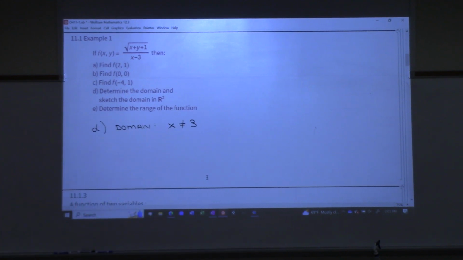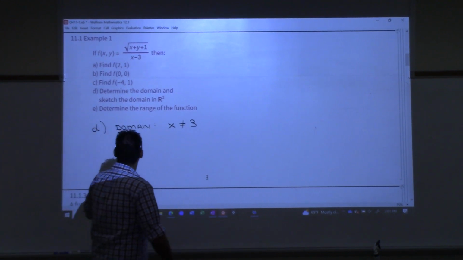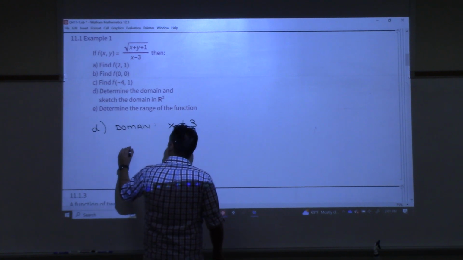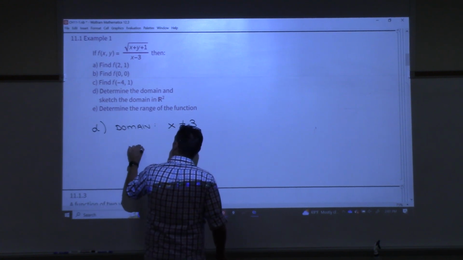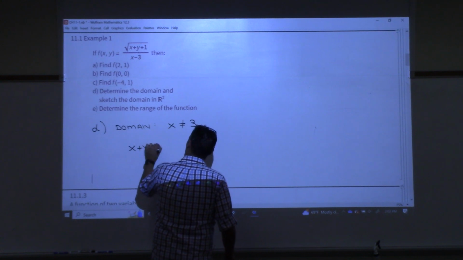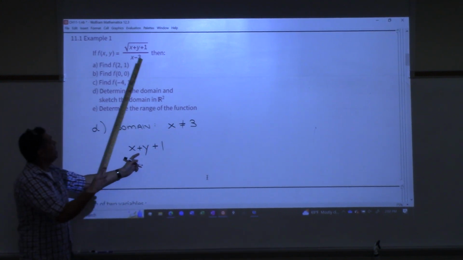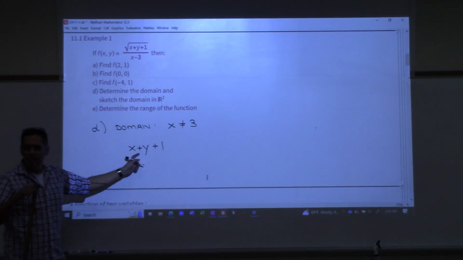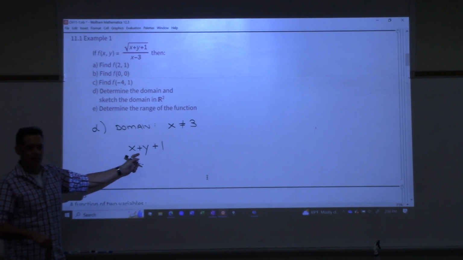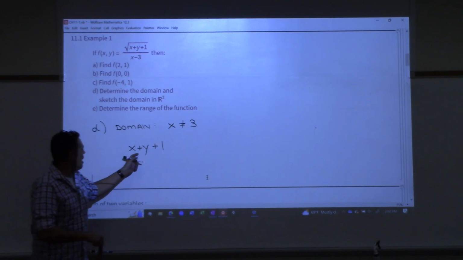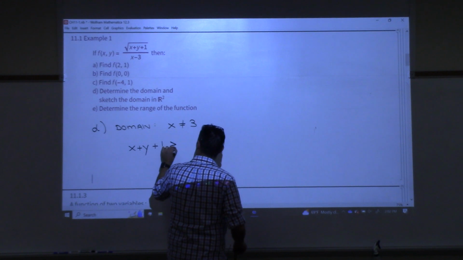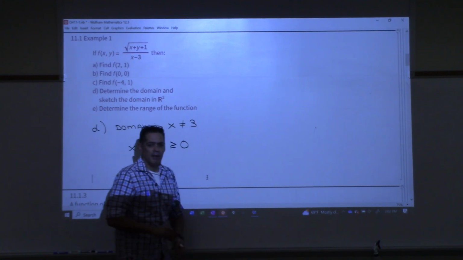The other thing is what's underneath the root, the radicand. That's the part that's underneath the square root. That cannot be negative, or else I'm in trouble. So I need this to be greater than or equal to 0.